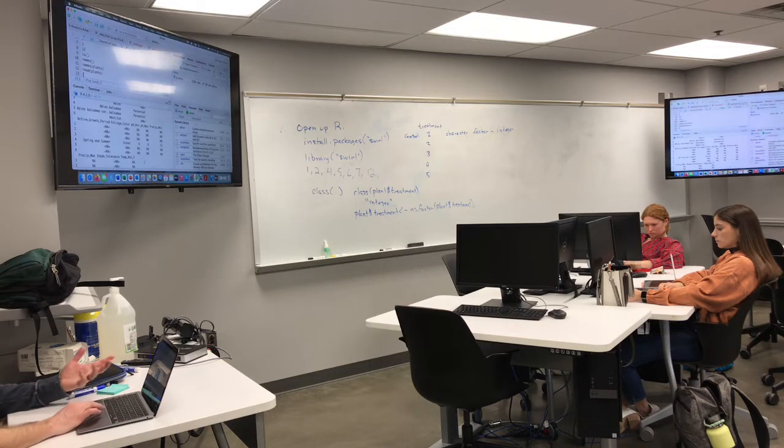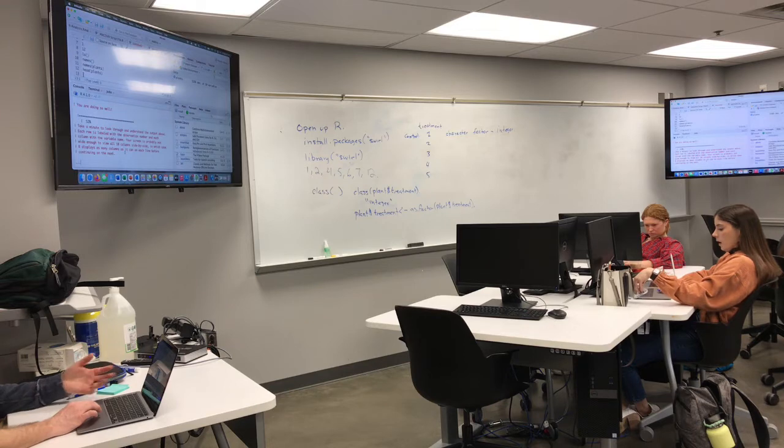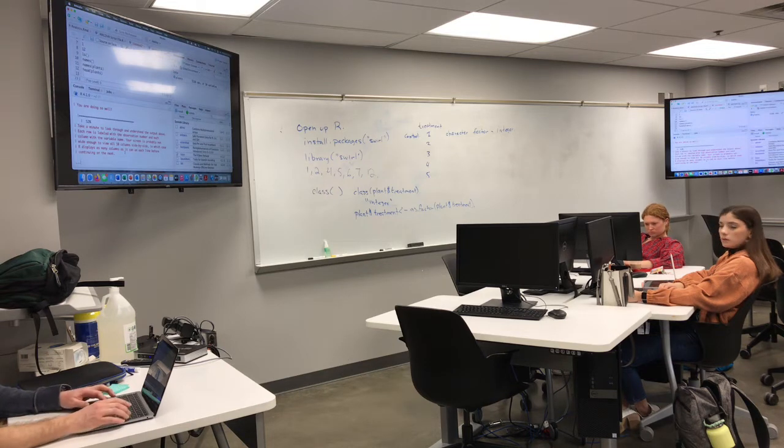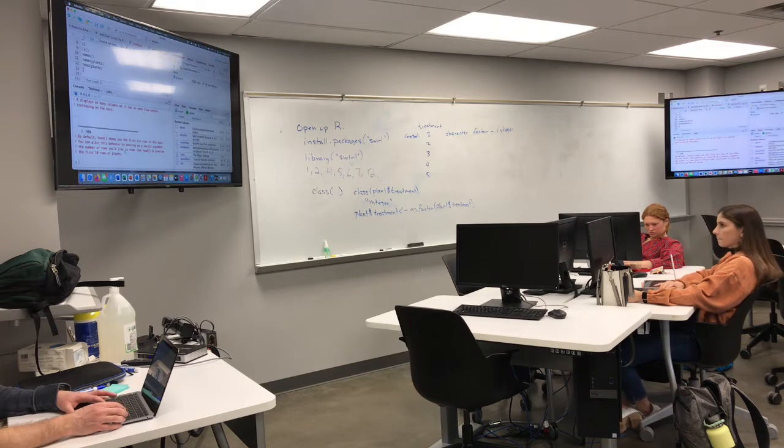So this basically just takes you through how to look at your data. Head just shows us the top 6. Tail shows you the bottom 6. So you could also do, I don't know if the next thing is tail. Let's see.